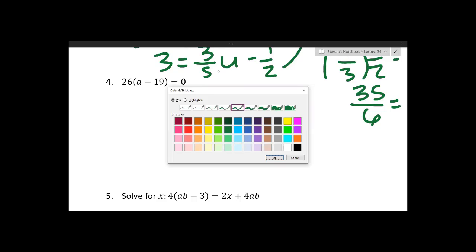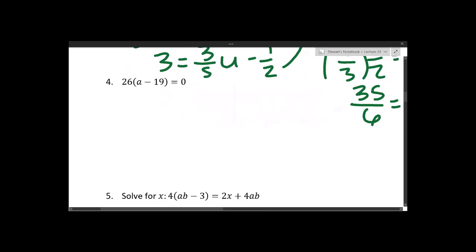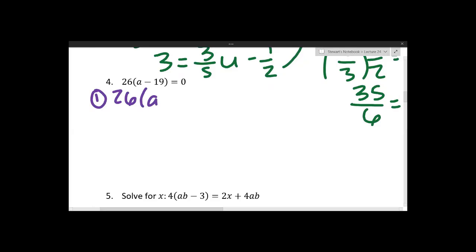Okay. So method number 1, if we start with 26 times the quantity a minus 19 equals 0, if you notice, if we were to go in the reverse order of operations, and it would be good to do that in this case, where we account for the parentheses last, because there's no set of parentheses on the other side.